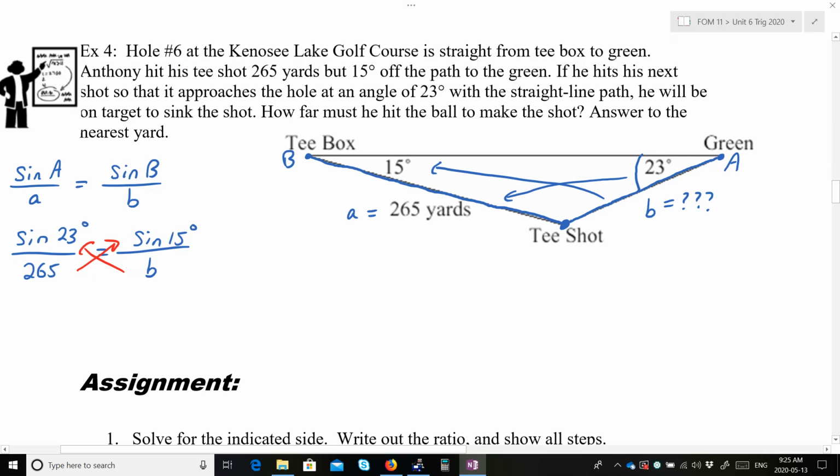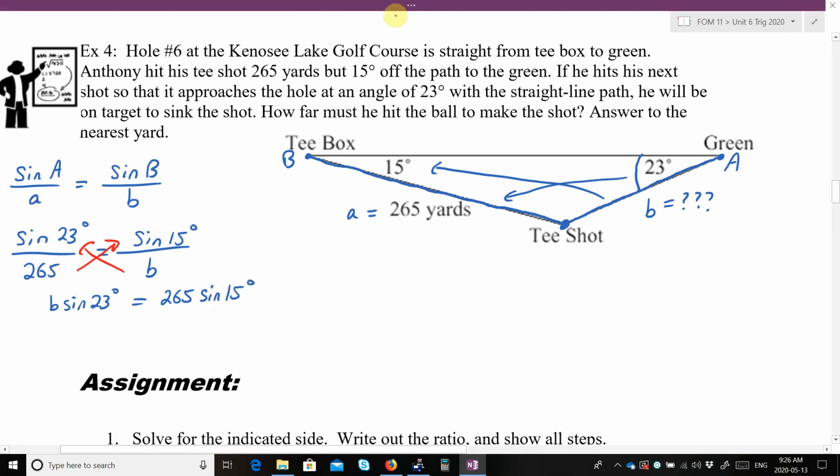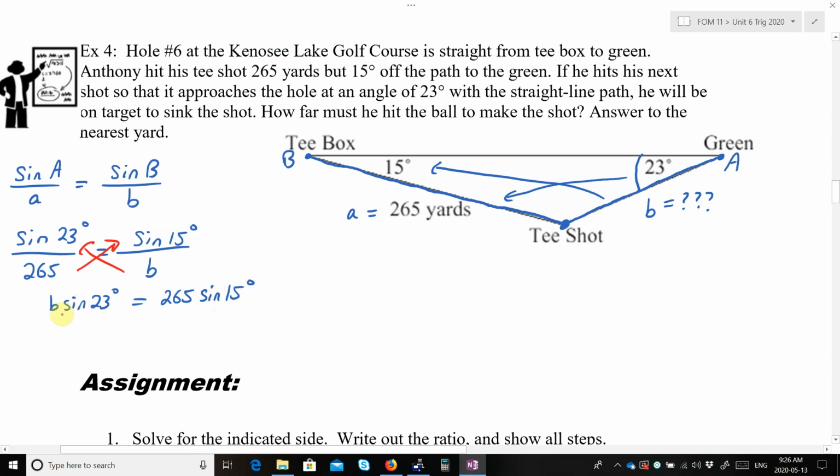You just cross multiply, and we get b sine 23 degrees equals 265 sine 15. Divide both sides by sine 23.